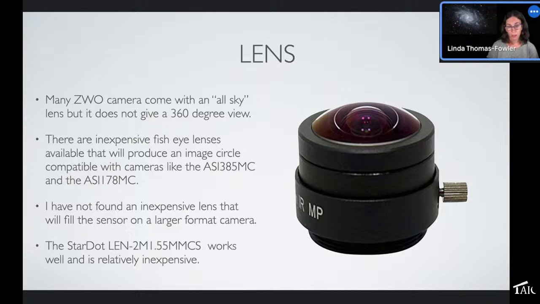Actually, on the 178 or any larger sensor, it'll be a wider field of view, although on the even larger sensors, like let's say you had one of the 4/3 color cameras, you'd get a complete 360-degree circle inside a mostly unused frame. So with this lens, there's not much point in using those cameras. Theoretically, there are some other fisheye lenses that would work on those larger cameras, but they tend to get expensive really quickly. So I never really investigated that path in any detail.